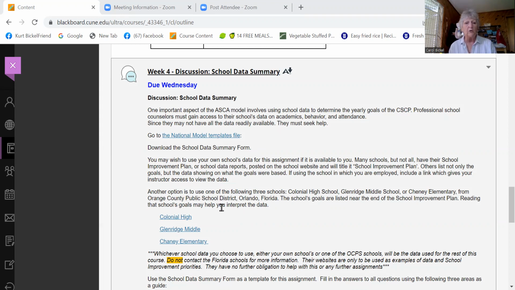If not, and you're going to use one of Orange County's public schools, then I'm very familiar with those. So I have here 3 different schools from Orange County. Orange County is, depending on who you talk to, the 10th or 11th largest school district in the United States. And so these schools are large.